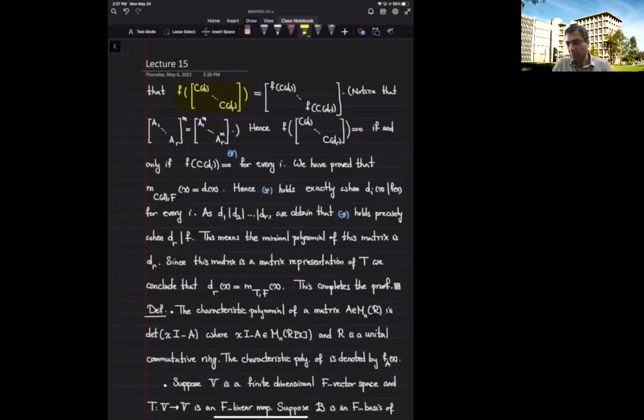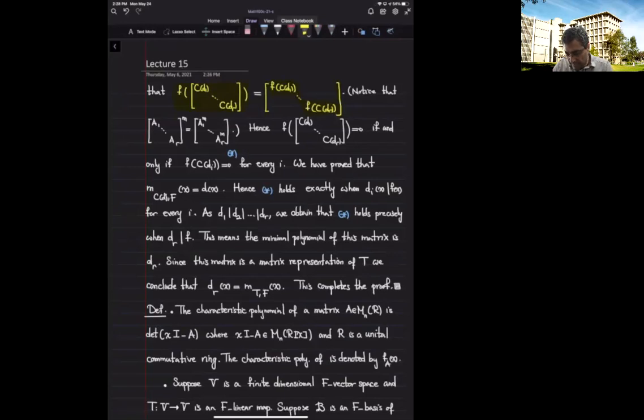That means that when I want to evaluate a polynomial at this matrix, I only need to evaluate the polynomial at the blocks and then put them on the diagonal of this matrix. Knowing that this f evaluates to 0 at this matrix, we deduce that this happens precisely when all these diagonal entries are 0.